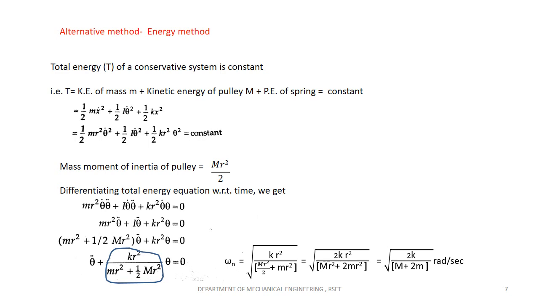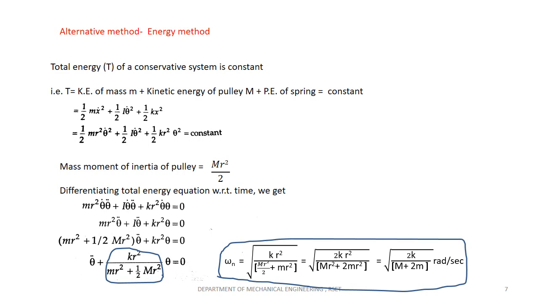If you want to convert that to hertz, multiply by 1 by 2 pi. I hope you understood the equation and the problem. So by using either Newton's method or the energy method, you can solve the same problem. That's your choice.